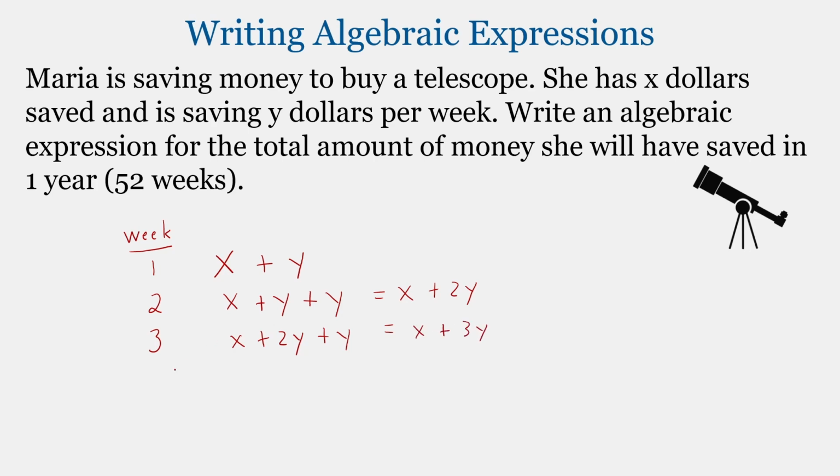We can continue this pattern until we get to that full year, 52 weeks. And what we have is X plus 52Y. We have the starting amount X, and then we're going to add 1 Y for every week. If we have 52 weeks, that's 52Y. So the answer is X plus 52Y.